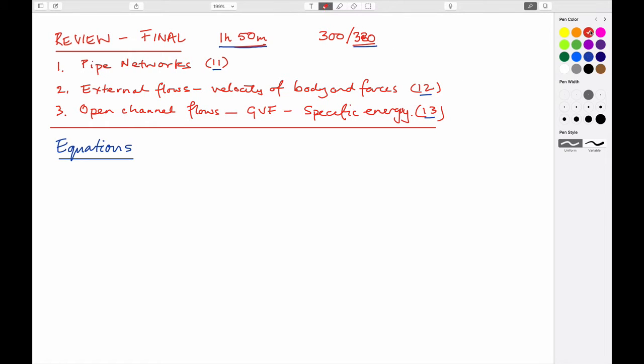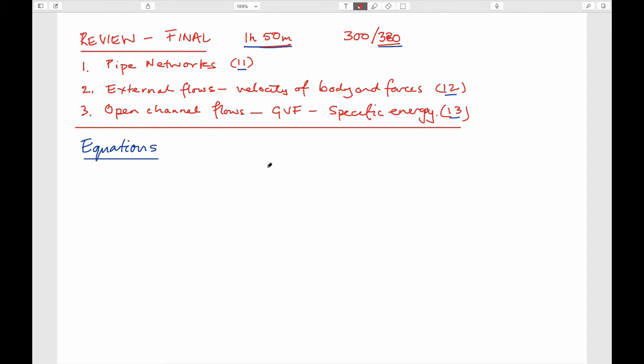In terms of dimensionless parameters, you've already derived these in terms of Buckingham pi, but the dimensionless parameters that you might want to be aware of: a Reynolds number, the ratio of inertial forces, velocity, density, and length divided by viscosity, inertial forces to viscous losses, and Euler number, which is a pressure divided by density times velocity squared.